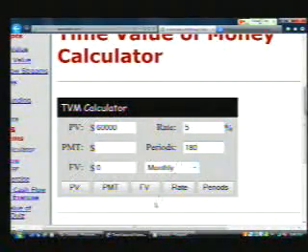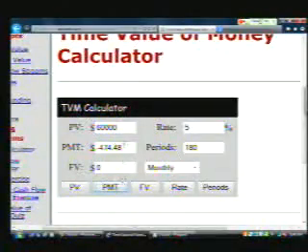That's 180 months. You get a payment of $474 a month. Now, that does not include taxes or insurance.